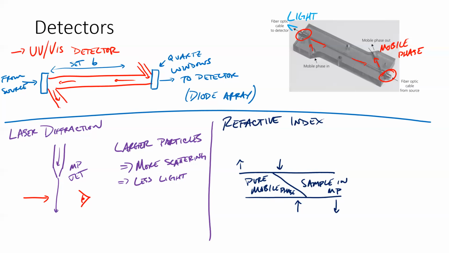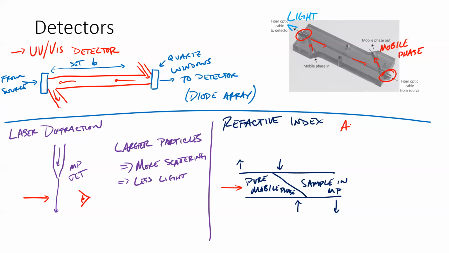And so as you're shining light through here, if there's no sample at that moment coming off the column, then really it's pure mobile phase on both sides, right? But as soon as a sample starts to come into that detector, now you've got this mobile phase with a little bit of sample in it, right?